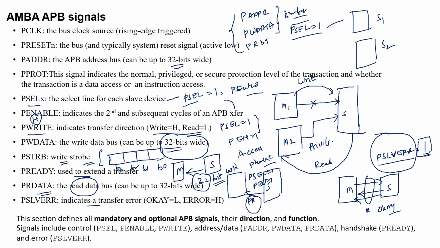So PSLVERR indicates whether the transfer is okay or showing some error. While receiving data from slave to master, if the slave error is high, it indicates that an error transaction is happening.